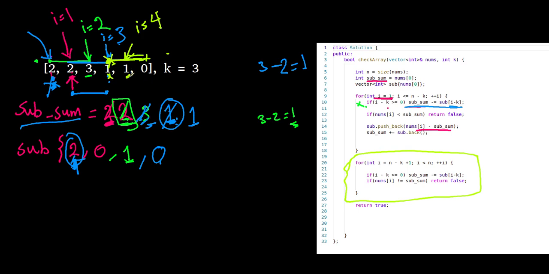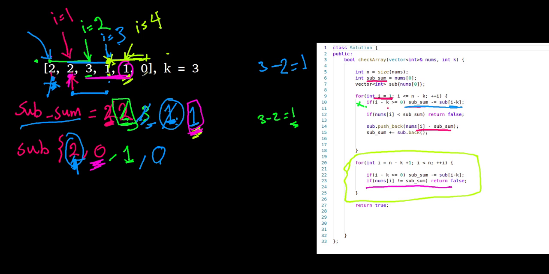So here we have 1, and the subtracted sum is 1. Now this one is affected by these 3 elements. So what was the value subtracted at index 1? It's 0. So 1 minus 0 is 1.